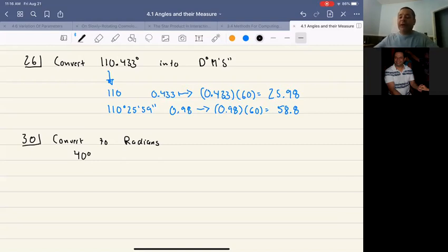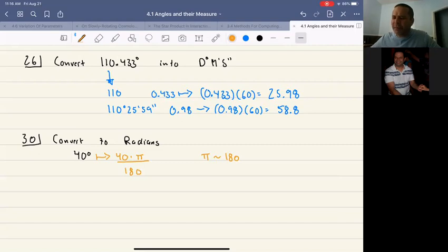Now the nice thing about converting to radians is that, I guess I don't know what's the nice thing, but we remember that pi corresponds to 180. Okay, so what we're going to do is we're going to take 40 and multiply it by pi over 180.